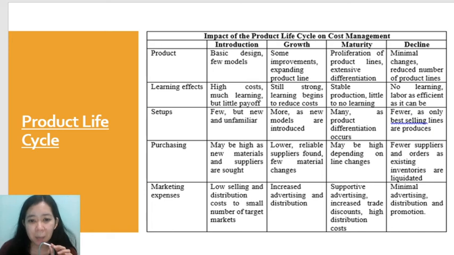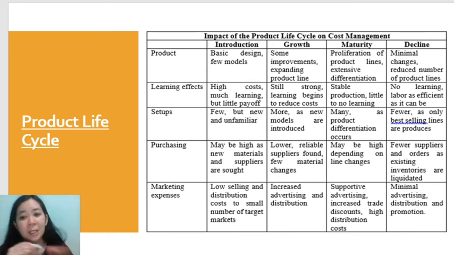For the marketing expense, in the introduction stage, that will be low selling and distribution cost. Okay, for the growth, increased advertising. For the maturity, we only have supportive advertising, but we can also incur other expenses like trade discounts and high distribution costs.